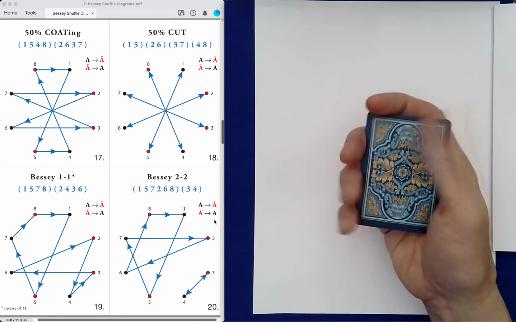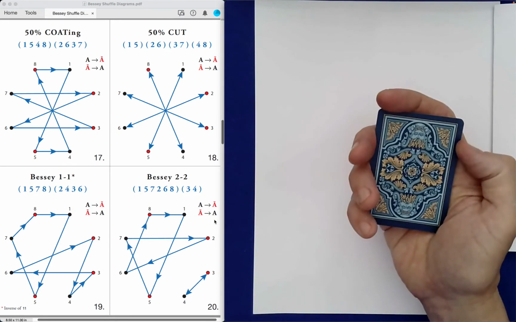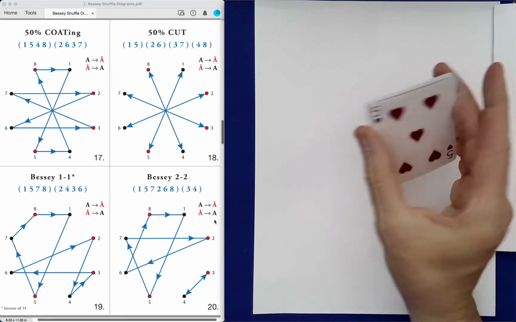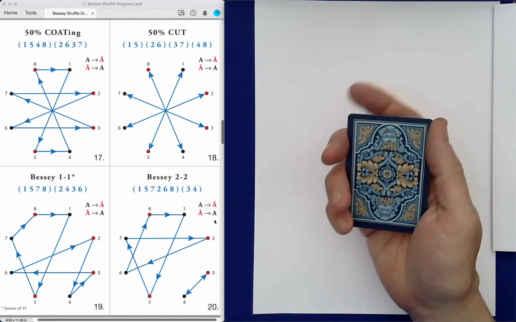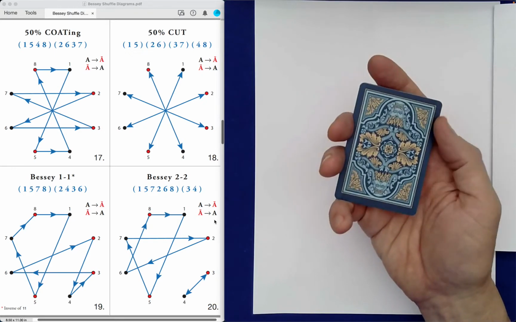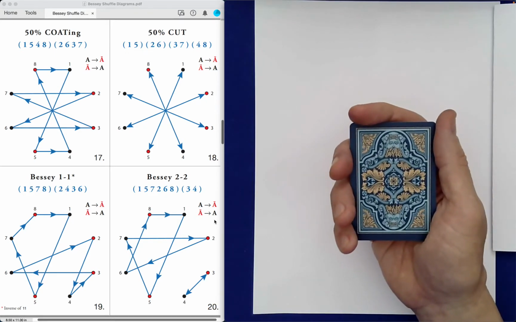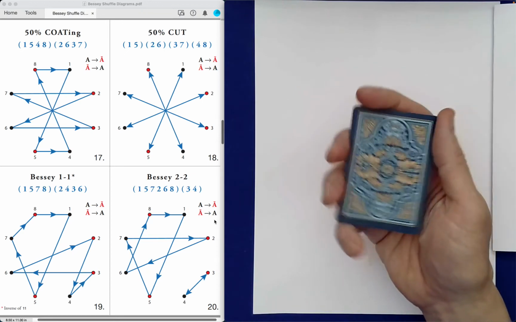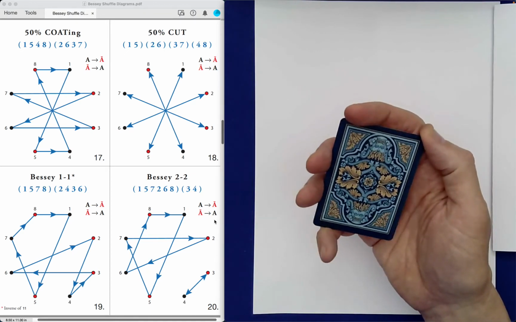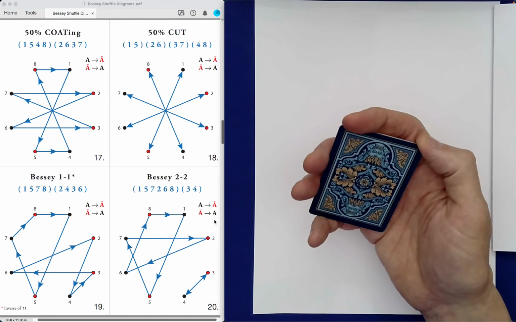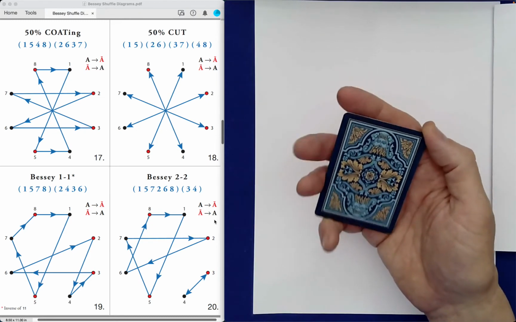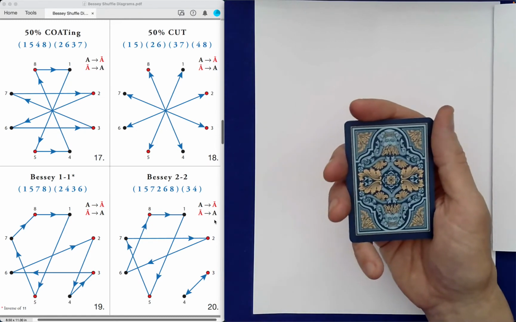Okay? So there's many things you can conclude from this by just knowing the identity of the bottom, but we don't even need to know anything about the exact ordering of these cards because the Bessey sequence structure has been preserved or inverted. And in either case, we can accomplish what we're going to now accomplish.